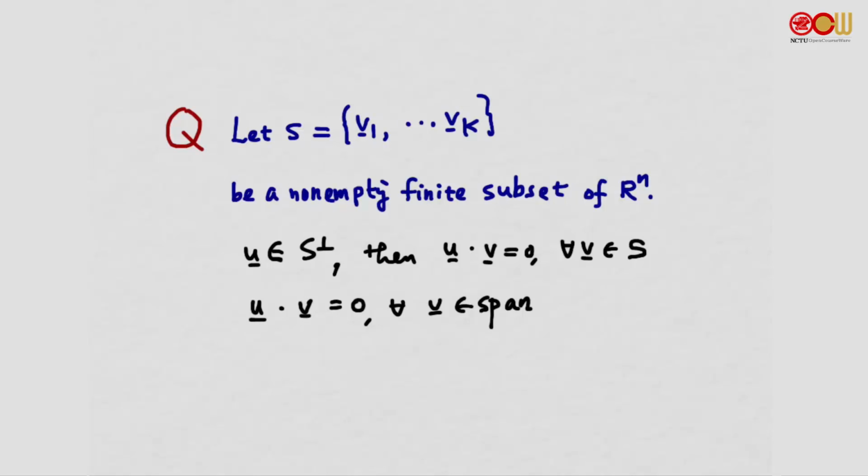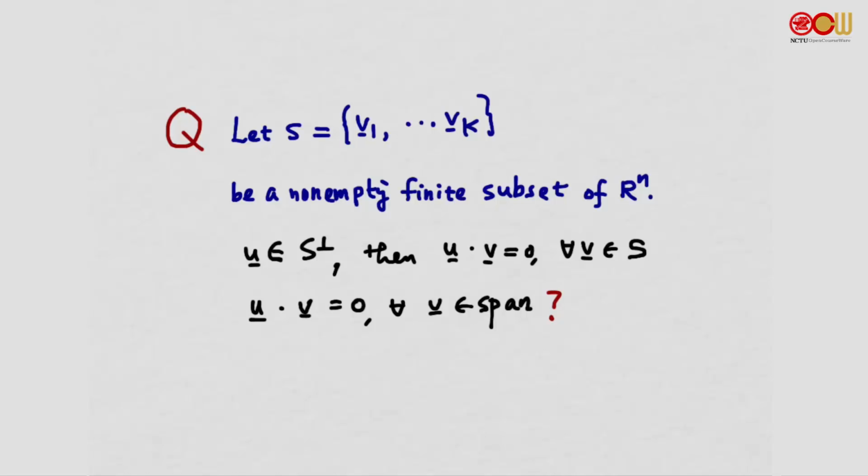Now suppose S is a non-empty subset of Rn. It has v1 to vk, k vectors. And we know if u is a vector in S perp, then u is orthogonal to every vector in S. u and v dot product is equal to 0, and this is true for all v in S. Now the question we have here is this one.